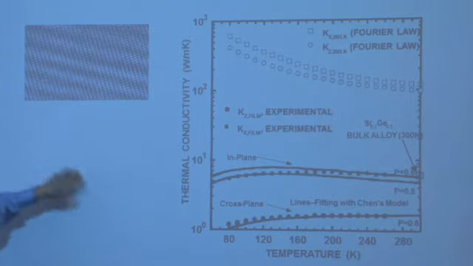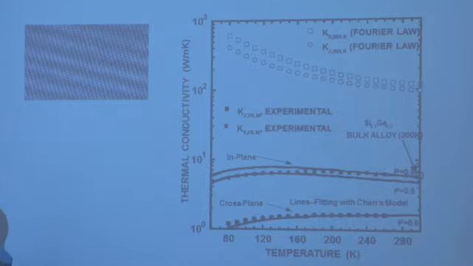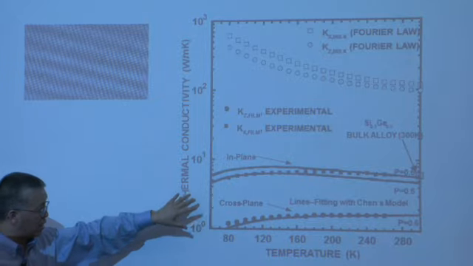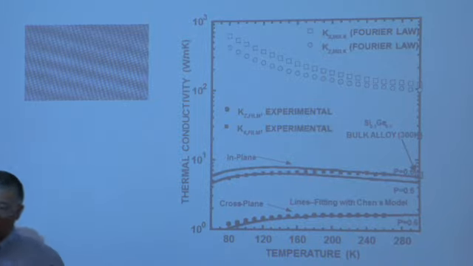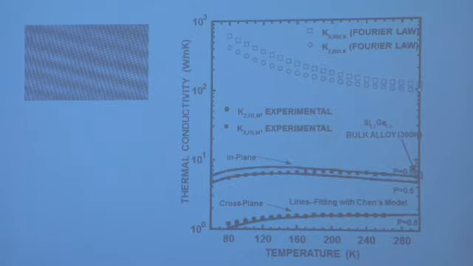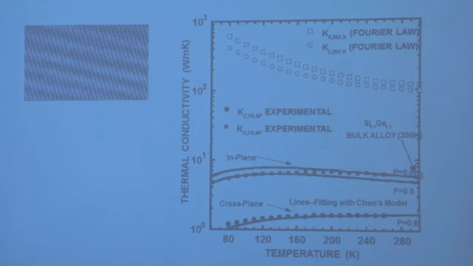But the experimentally measured dots are an order of magnitude smaller. In fact, we have to go to a completely different theory. In this case, we have to go to the Boltzmann equation to predict it. This is work we started in the 90s, and now we're doing quantum calculations on those structures.